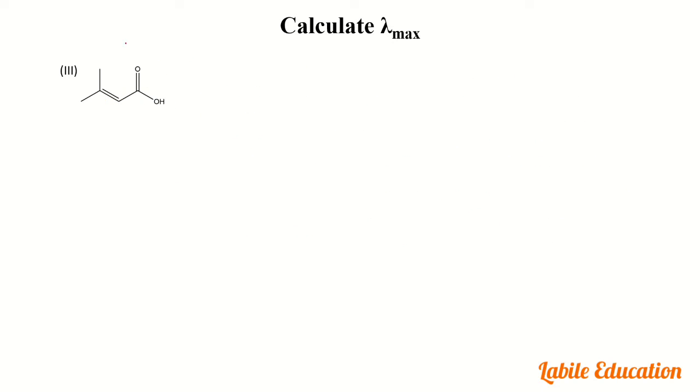Now this is another, different case. Here you can see this is a carboxylic group. This is an alpha beta unsaturated carboxylic acid.